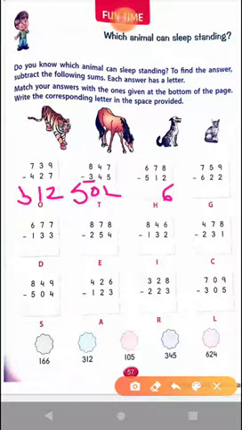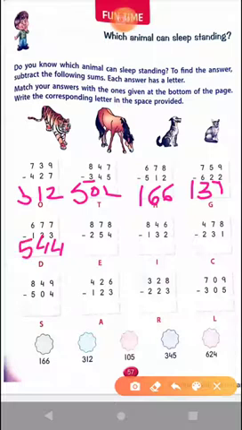6, 7 minus 1, 6, and 6 minus 5, 1. The next is 9 minus 2, 7, 5 minus 2, 3, and 7 minus 6, 1. Then 7 minus 3 is 4, 7 minus 3, 4, and 6 minus 1, 5.